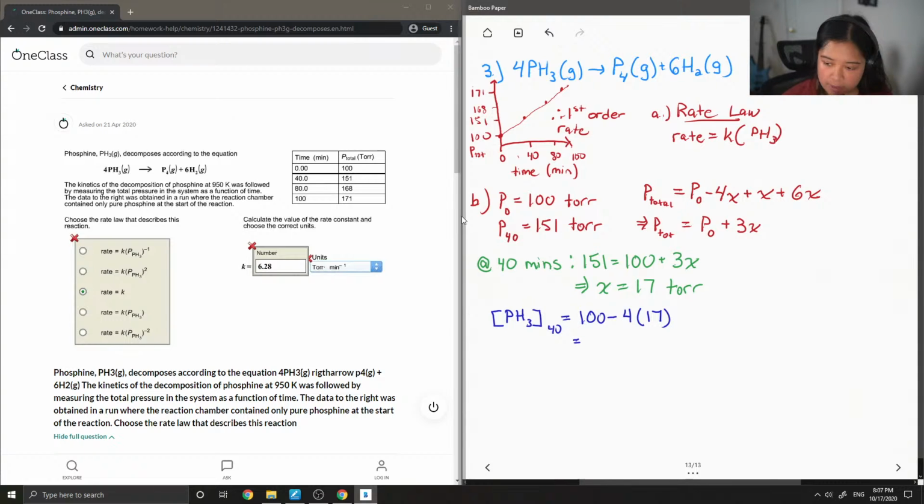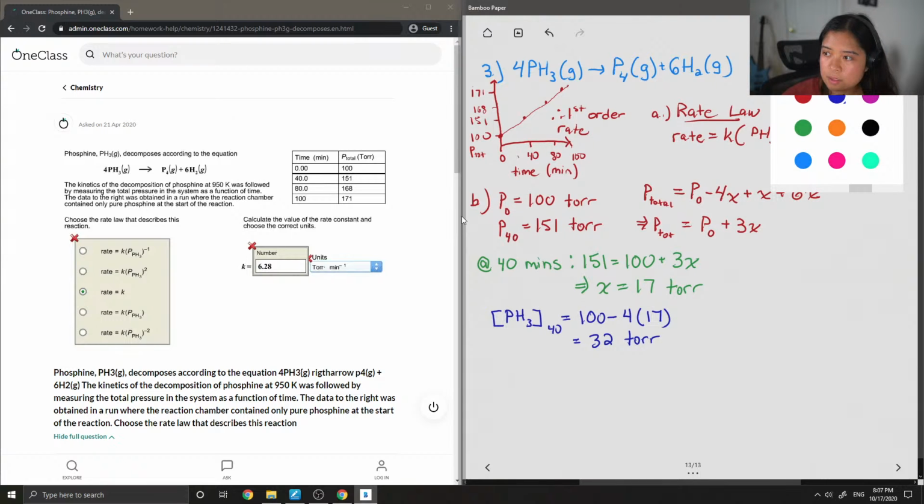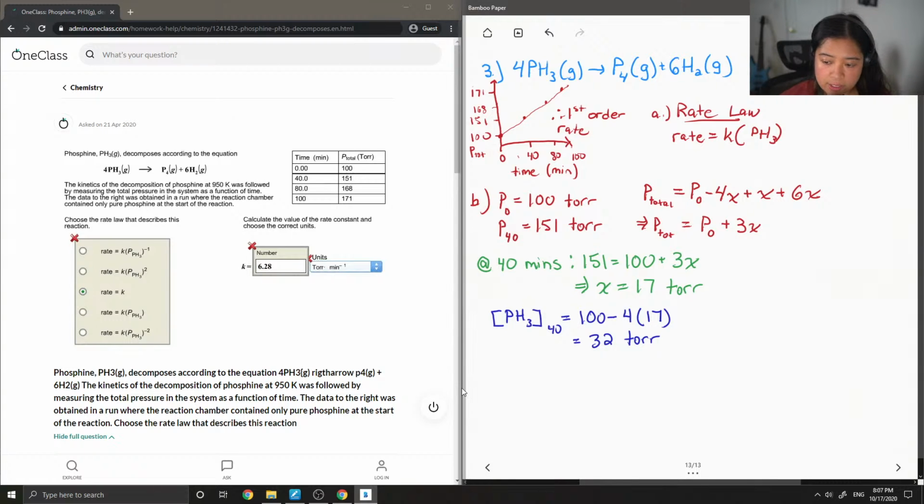And then I'm going to get 32 torr. So now, since we know that we have a first order reaction rate, I can use the following equation.